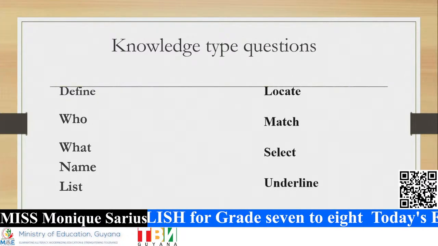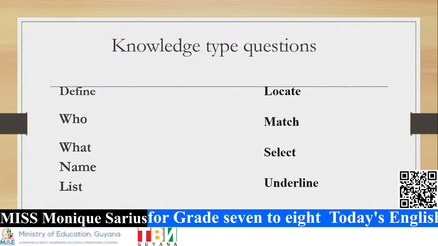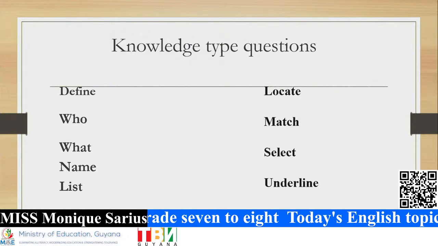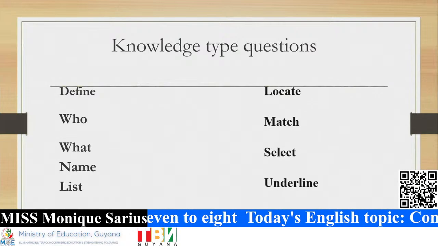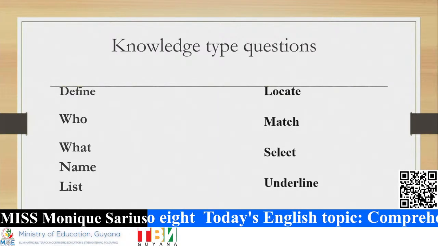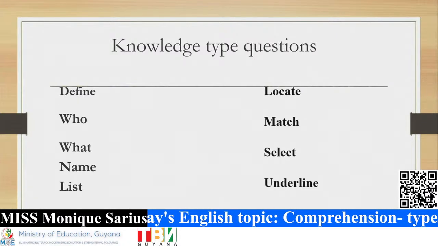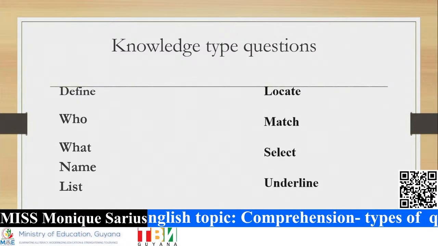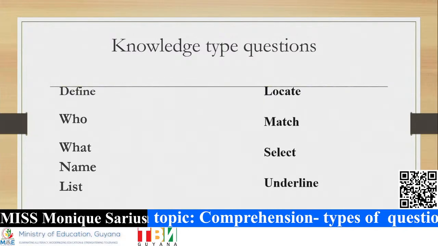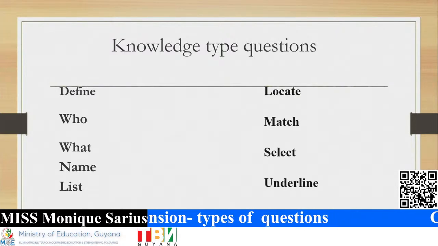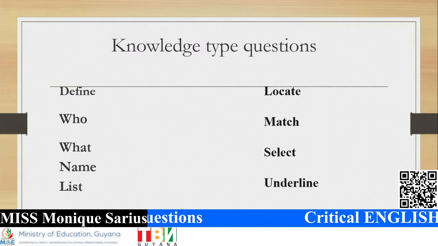If we're doing synonyms and I say match this word with the word closest to it, we had one that we discussed earlier, scary, and we matched that to intimidating, right? So if the passage said that scary is another word for intimidating, and I ask you to match the words, then that is an example of knowledge type questions, because you simply look back at what you had and the answer is right there.